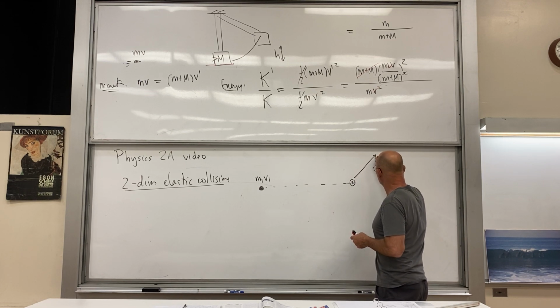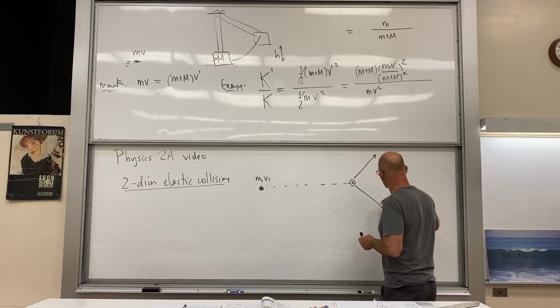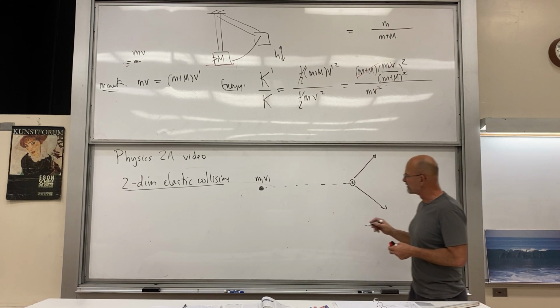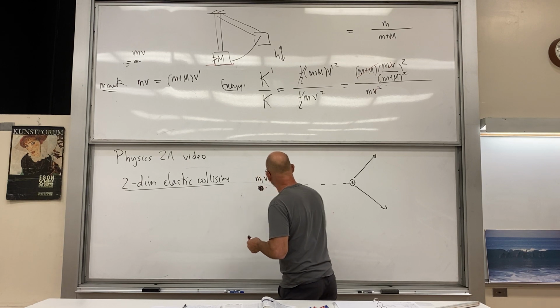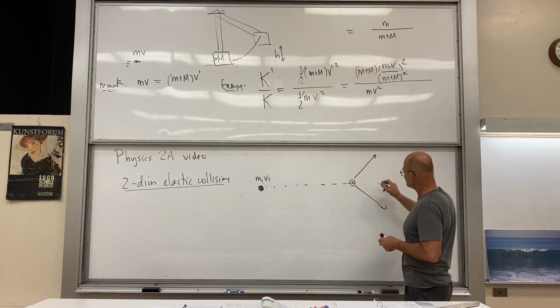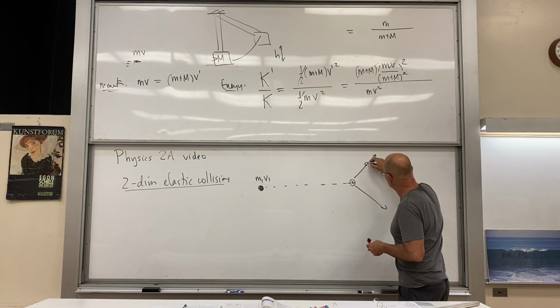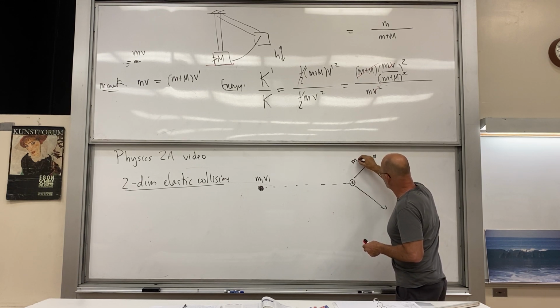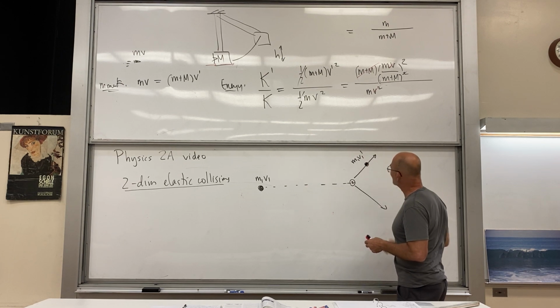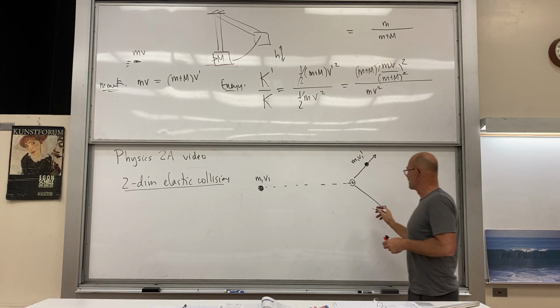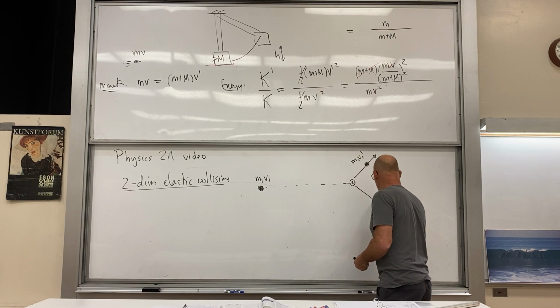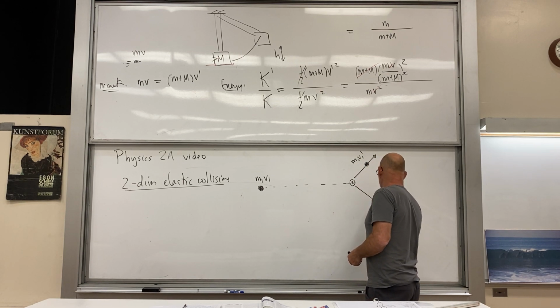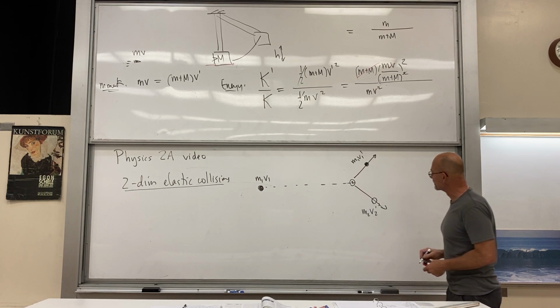One of them is going to go in one direction, another one's going to go in another direction. I've color-coded them this time, haven't I? So we can have one going this direction, M1, V1 prime, and the second one here is going in this direction, M2, V2 prime, after the collision.